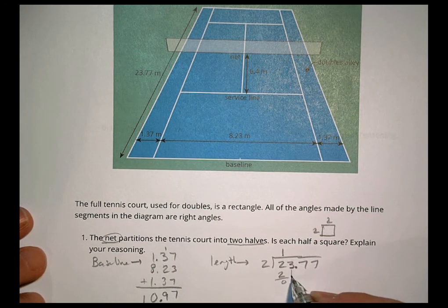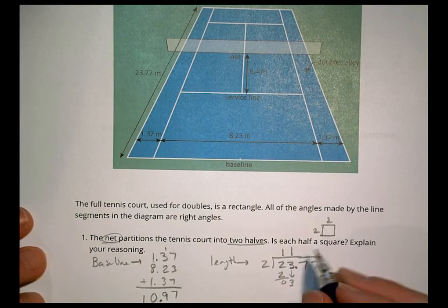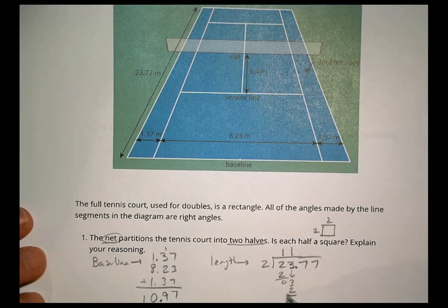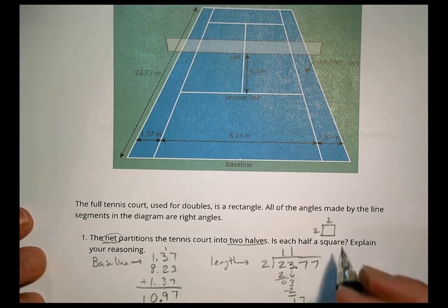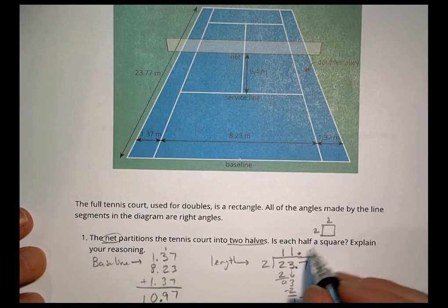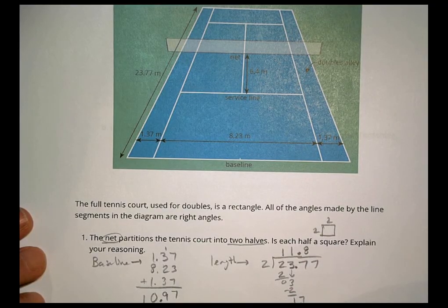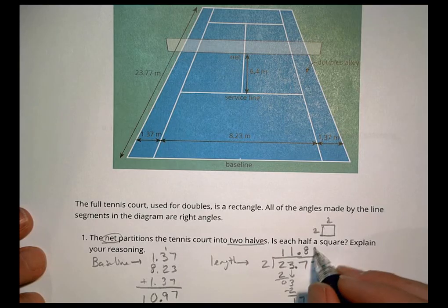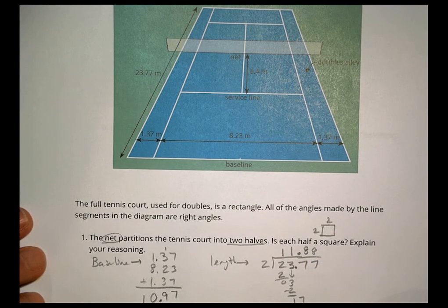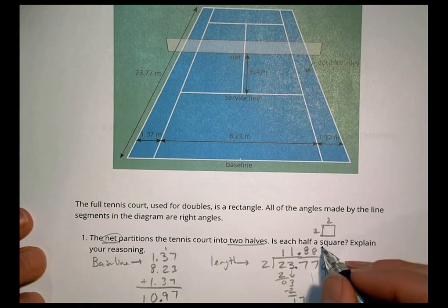We bring down the 3. 2 goes into 3 one time. 1 times 2 is 2. We subtract, and we have 17. Decimal there. 2 goes into 17 8 times for 16. And we do another one, which is 17. And it goes in there 8 times, which is going to be again 16. We bring down a 0 this time, and 2 goes into there 5 times.